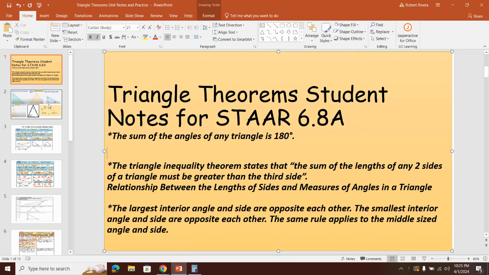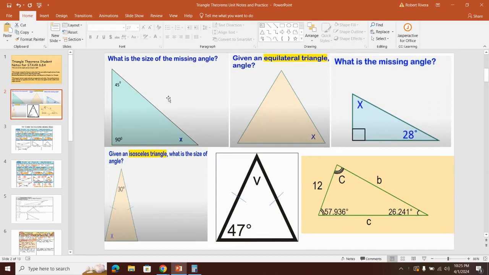Okay, so what do I mean by that? Here's some examples. We have 45, 90, and then x. So all the three angles together, when you add them up, have to equal 180.